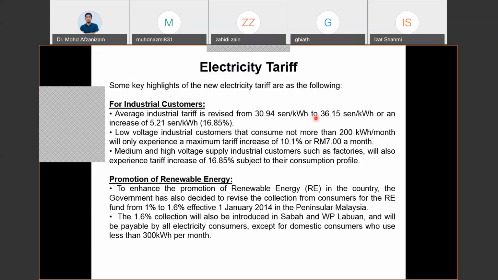And then after that, related to the electricity tariff, they started in 2014. If you notice from your paper bill, they specify the charges related to the renewable energy, which is RE.